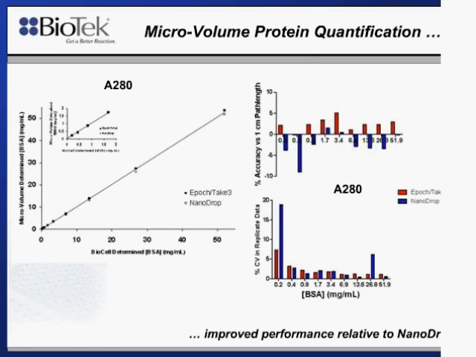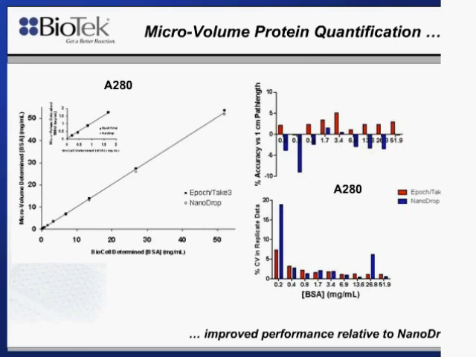If you look at the graph on the left, what you'll see is a straight line analysis, and the y-axis represents microvolume determined BSA concentrations, and these are in milligrams per mil, with the insert being the lower end of that range that was tested. And then the x-axis is BioCell or 1 centimeter path length determined concentrations.